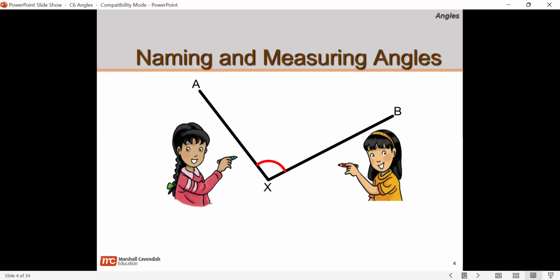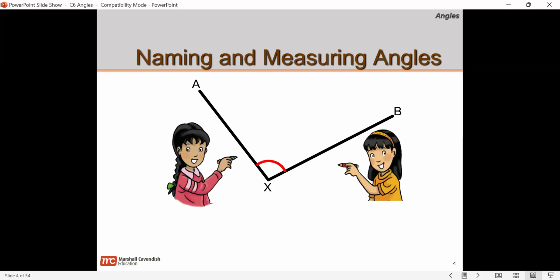Now, yesterday, just before I said bye-bye to everybody, I was trying to revise with you the use of capital letters and small letters in naming angles. In the case of using capital letters, the letters A, B, and X refer to points. Yeah, they are like dots, full stops.